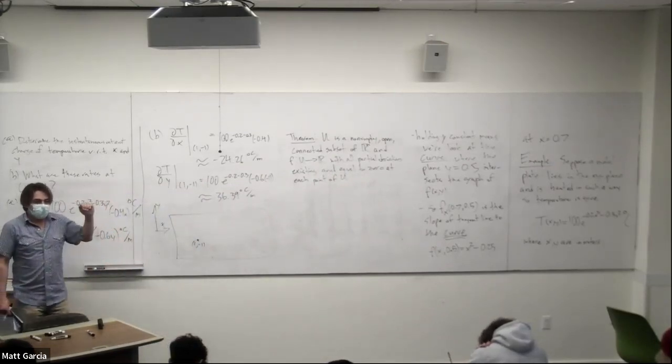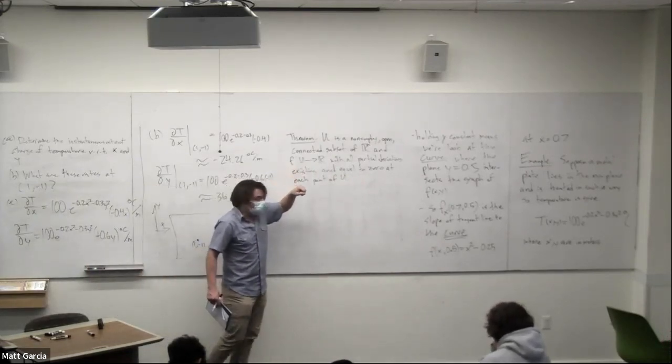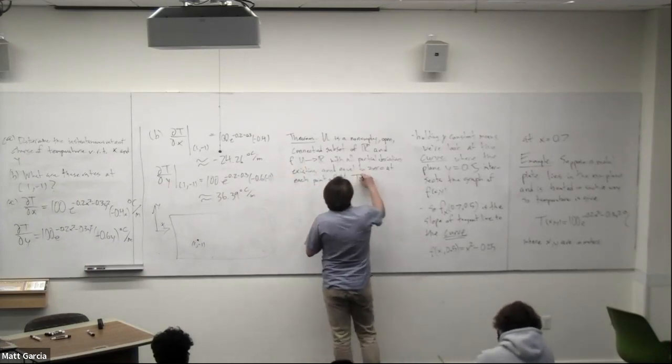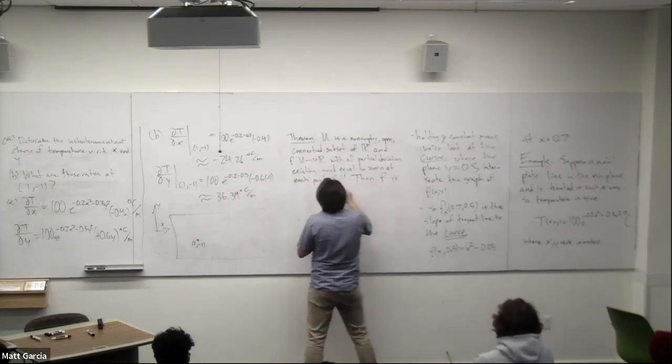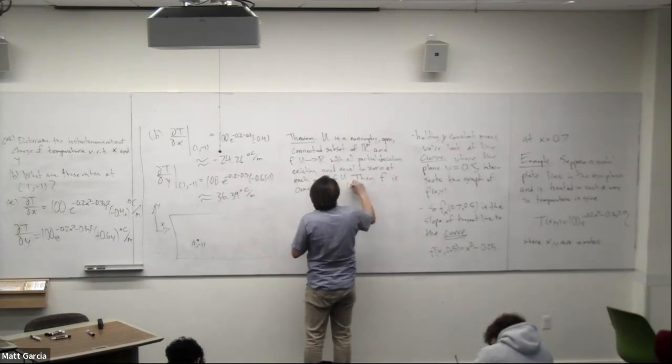We get 0 for every input, any point of U. Okay? Then the function f is constant on U.